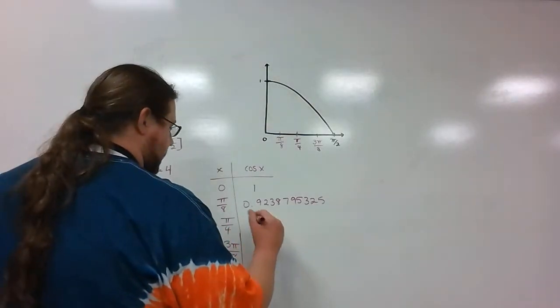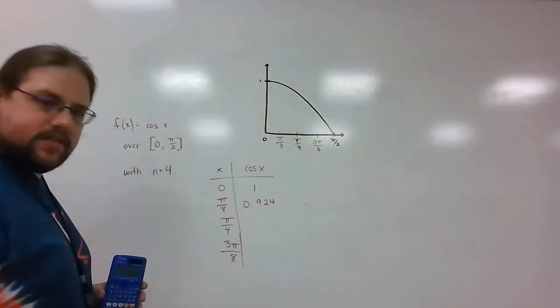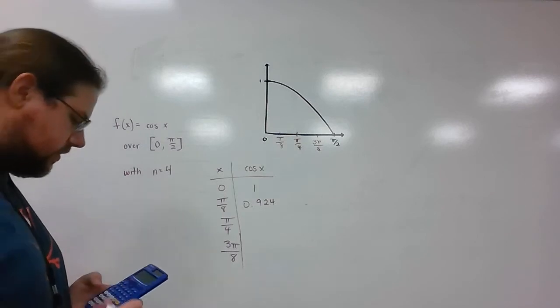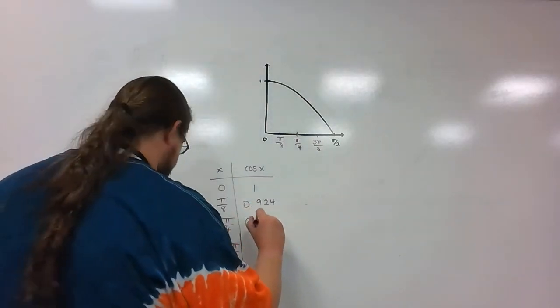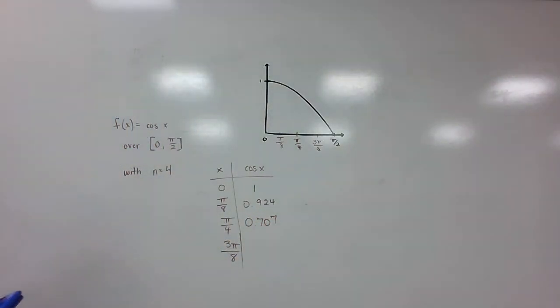I'll round off at 3 decimal places, 0.924. Then I'm going to do pi over 4, which is the square root of 2 over 2. Again, I'll round that at 3 decimal places, 0.707. And then I'm going to do the last one, which is 3 pi over 8.